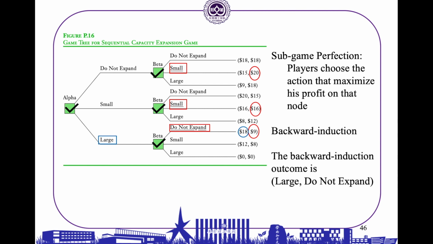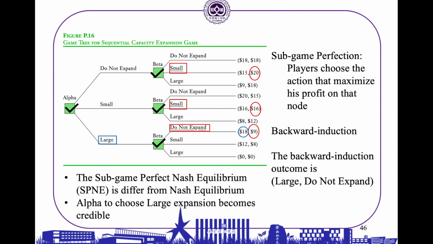Observe that the outcome of this sequential game is different from the Nash equilibrium in the simultaneous moving game. The intuition behind this difference is as follows. In the simultaneous moving game, the two firms decide the capacity at the same time.